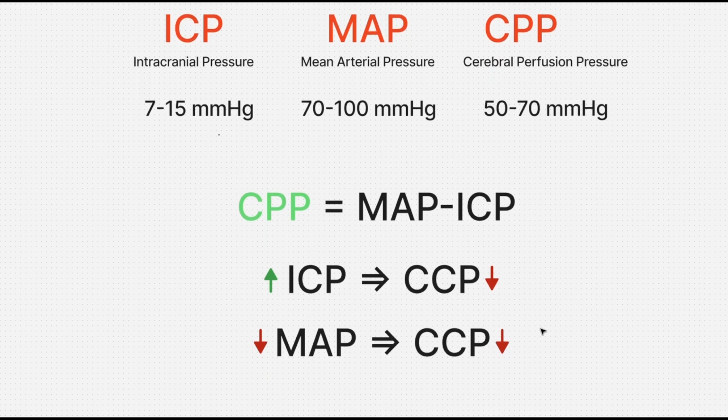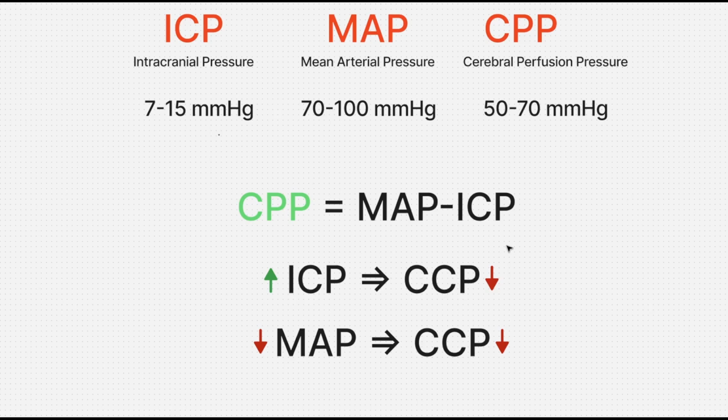As shown by these arrows here, these show the relationship of intracranial pressure with CPP and also mean arterial pressure with CPP. If you increase the intracranial pressure, the CPP goes down because, as we said, the ICP is the resisting force. The pressure is pushing on the arteries, slowing down the flow of blood.